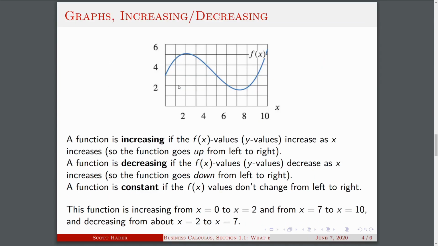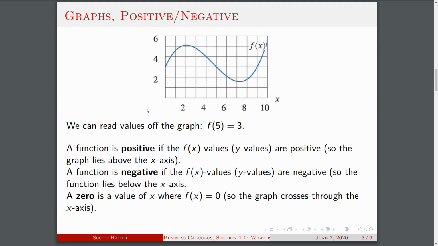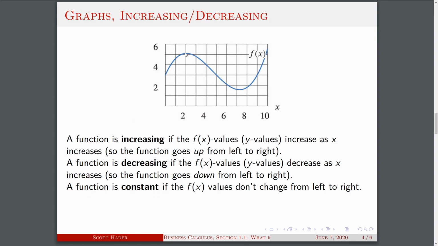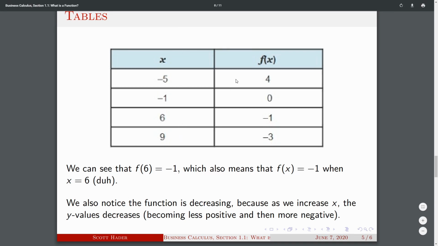That wasn't the case for a formula. With a formula, I can plug in any x value I want and get the y value, right? Or with a graph, I can estimate what the y value is for any x value. But on this table, I'm only given 4 x values and their corresponding y values. So I had to go off that.